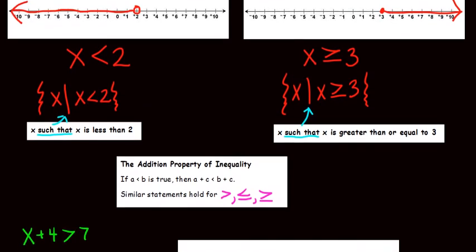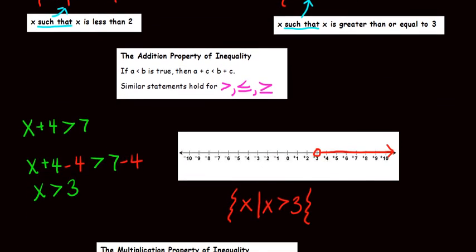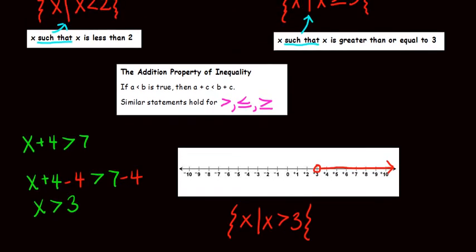All right, down here, we're going to talk about the addition property of inequality. It says that if you have a number A and it's less than B, and that's true, you can verify it on the number line, then if you add some other number C to A, it's still going to be less than B with that same number C added to it.